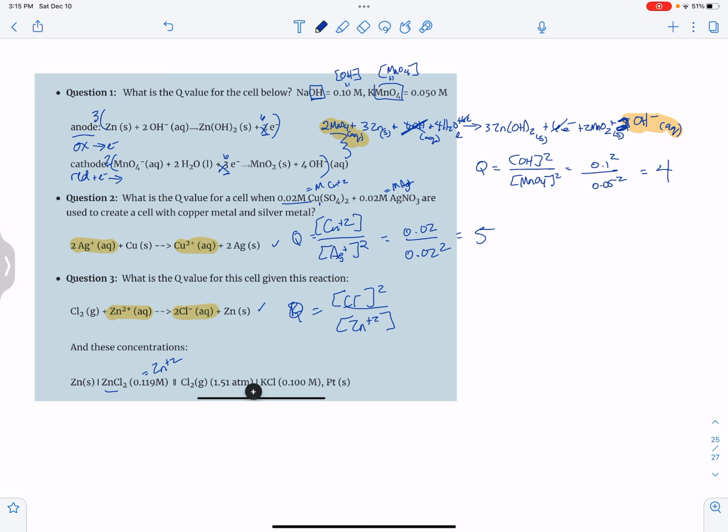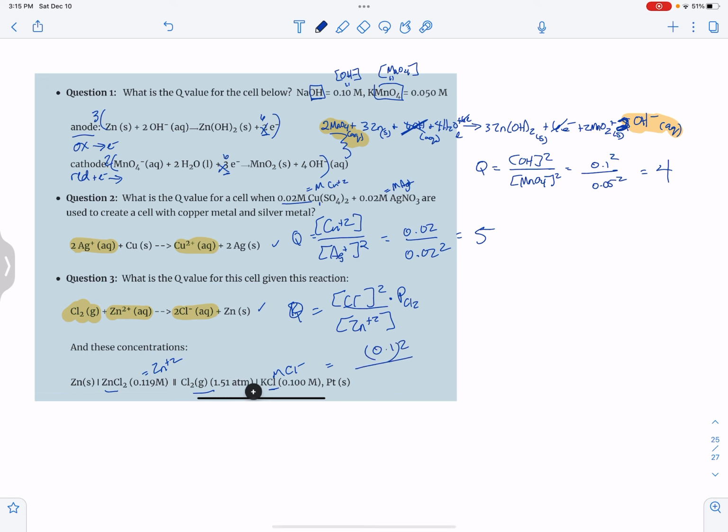And then the chlorine, this is the concentration of the chlorine, so that's 1.5. But notice that I didn't actually include that, and I should have. Times my pressure of the chlorine gas. And then, so this is going to be chlorine, and then this is going to be Cl minus molarity.